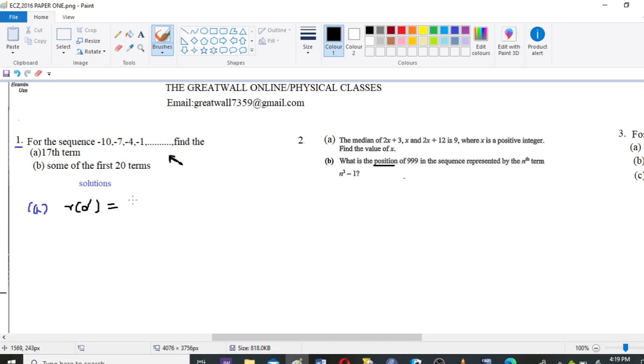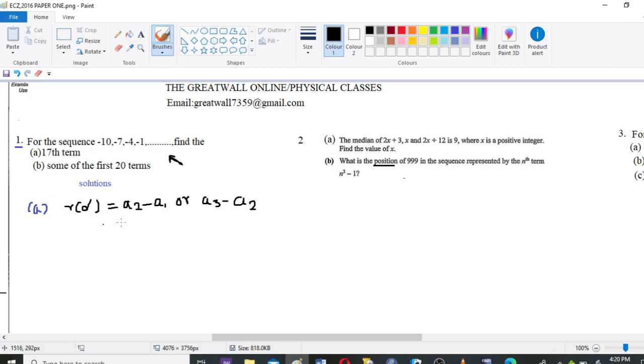The common difference is usually found by subtracting: A2, the second term in the sequence, minus the first term, or the third term A3 minus A2. Both will give us the common difference.